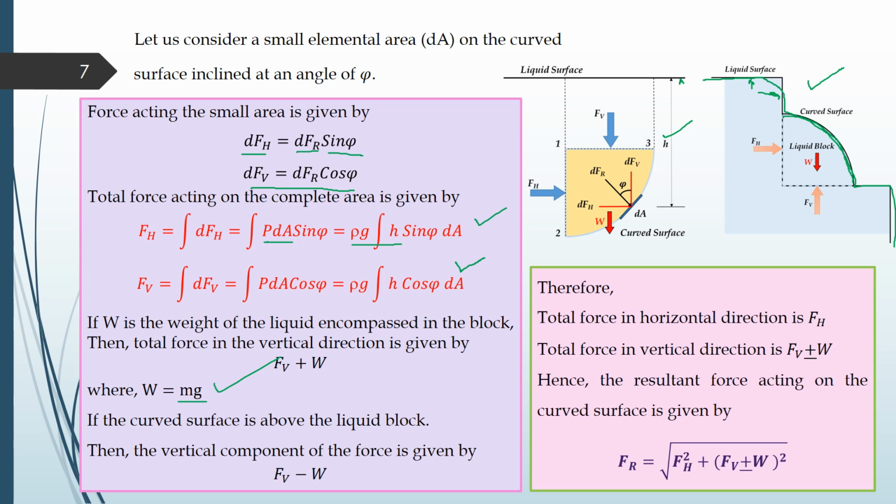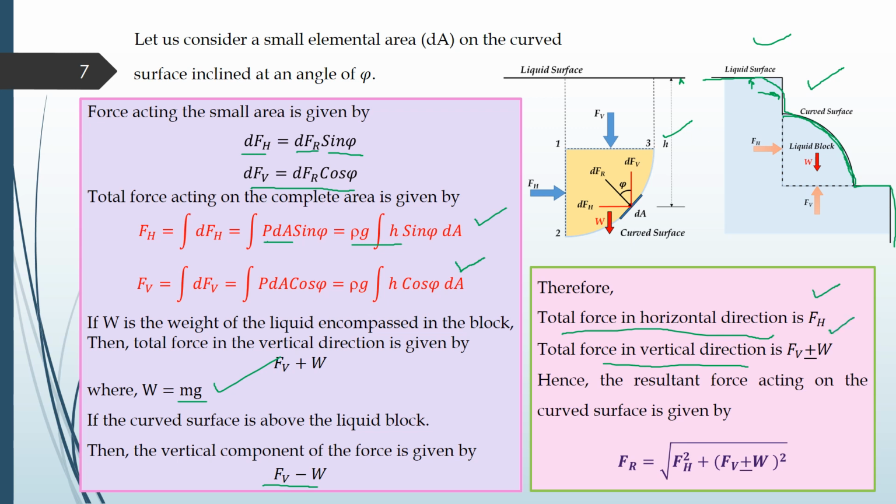So the force in the second case will be Fv minus W when we are taking this curved surface into consideration. So in a nutshell, the forces which are acting on the curved surface in the horizontal direction will remain the same, it is Fh, whereas in the vertical direction the force can be Fv plus minus W, depending upon what?